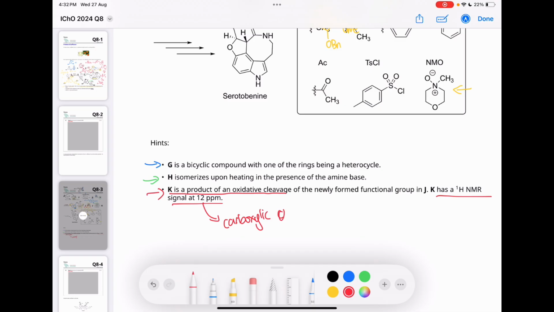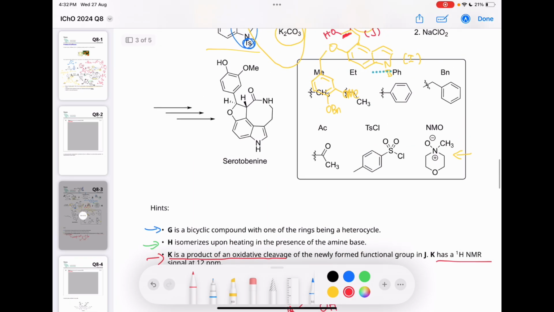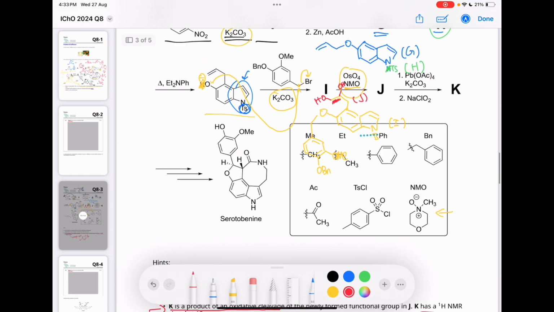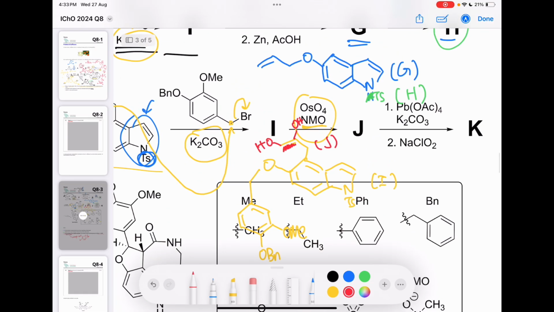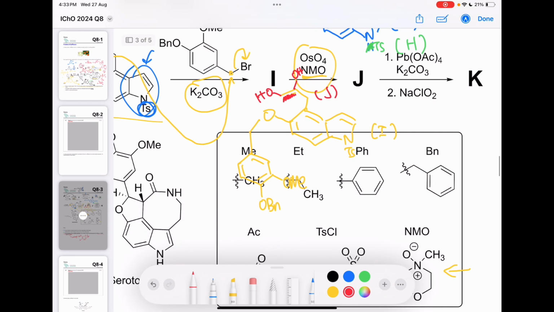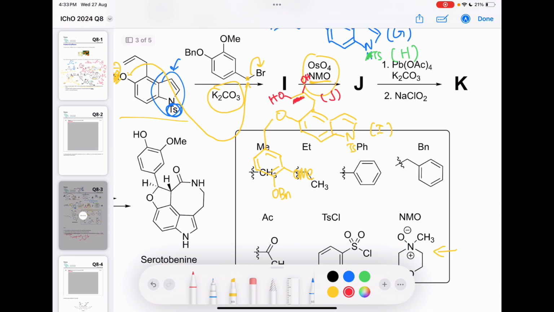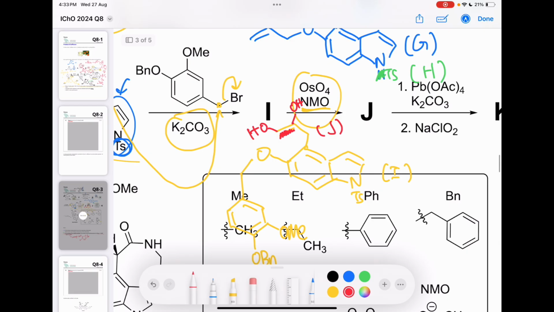So the carboxylic acid will actually have a hydrogen here, and the chemical shift will probably be near 12 ppm. So here K will probably just look like this.